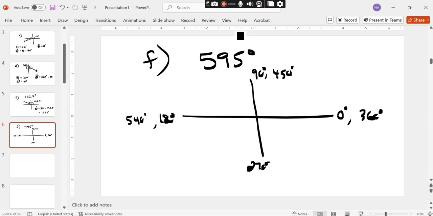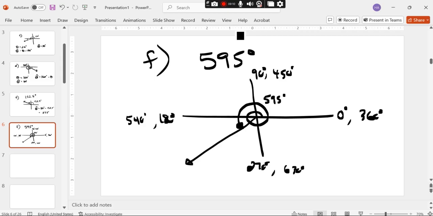So there's 360, then it goes 450, then it's 540, and then it is 630, and we've passed it up. So now we know we are in quadrant 3, somewhere in quadrant 3. Here's our little rotation when it goes like this.